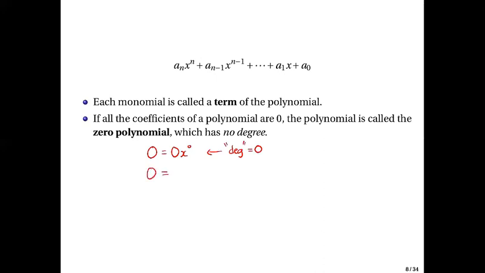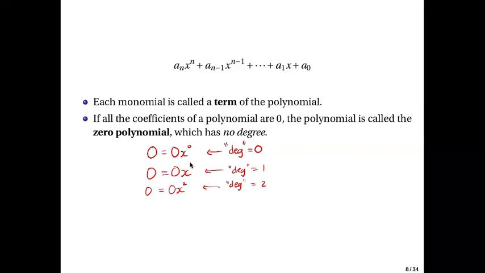But you can write this 0 also as 0 times x raised to 1. So the degree now is equal to 1. But you can write 0 as 0x raised to 2, and this time it has degree equal to 2.